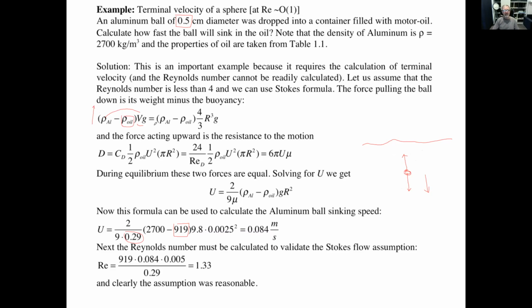Then the force down, okay, so that's the force going up. There is an additional force, which is the drag. And the drag is CD times half rho V squared, and the frontal area, which is pi r square. So now we just go through that, and we think that this is a viscous flow.